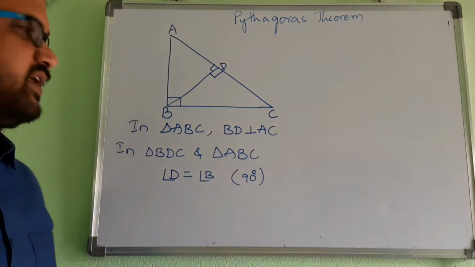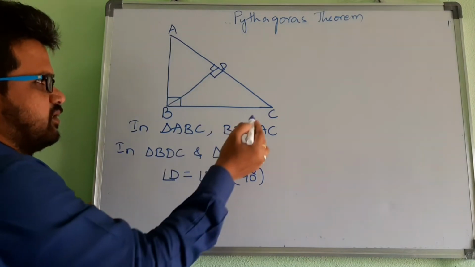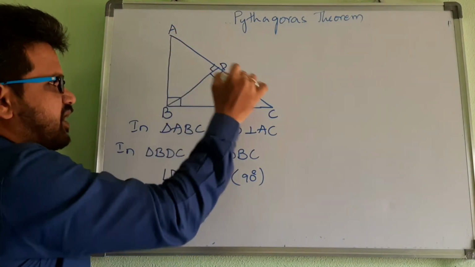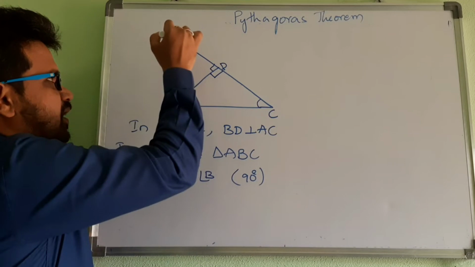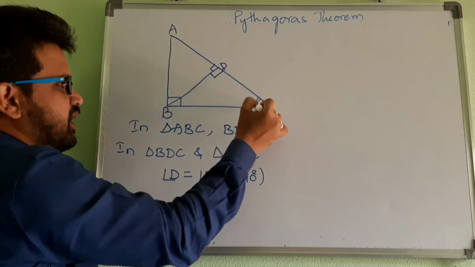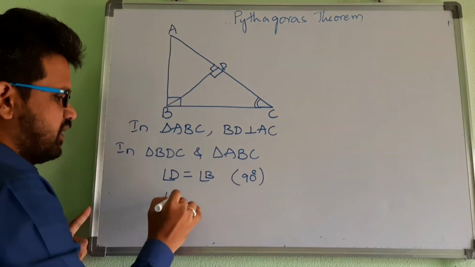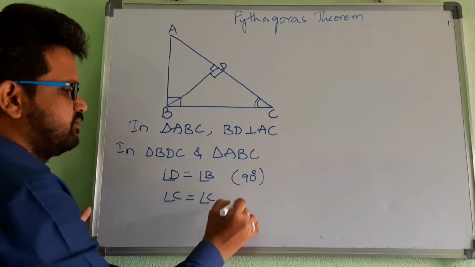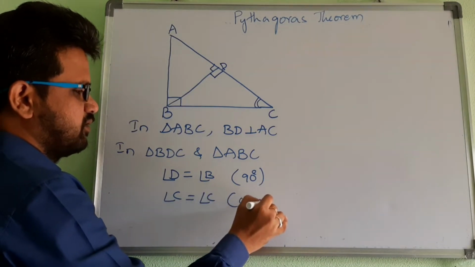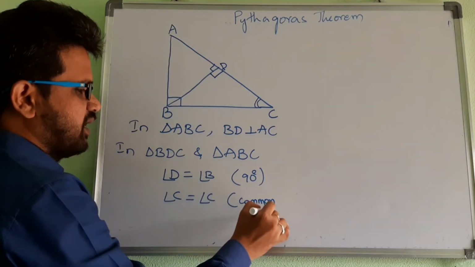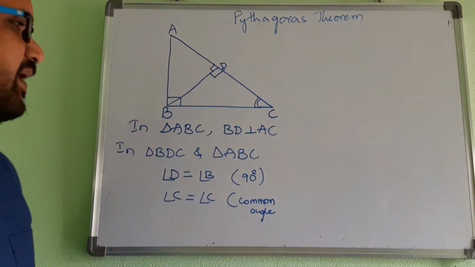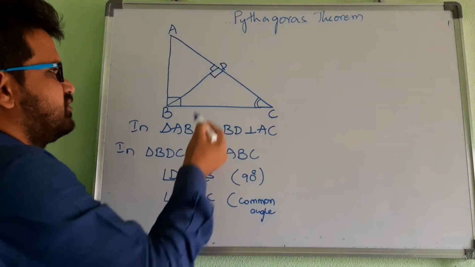Okay, 90 degrees. And next, in the smaller triangle angle C, and in the big triangle also angle C, both are common. So angle C is equal to angle C, the common angle, right? And the remaining angle is what?